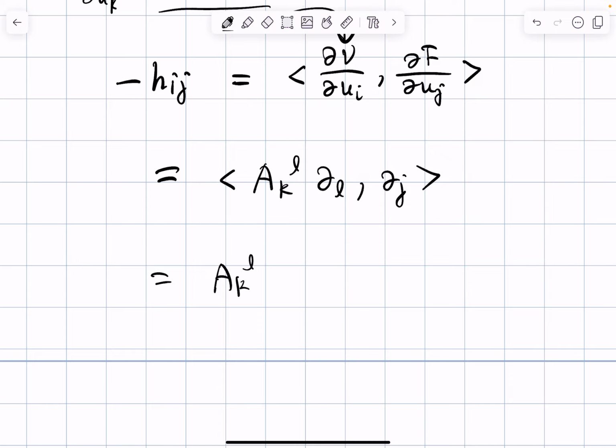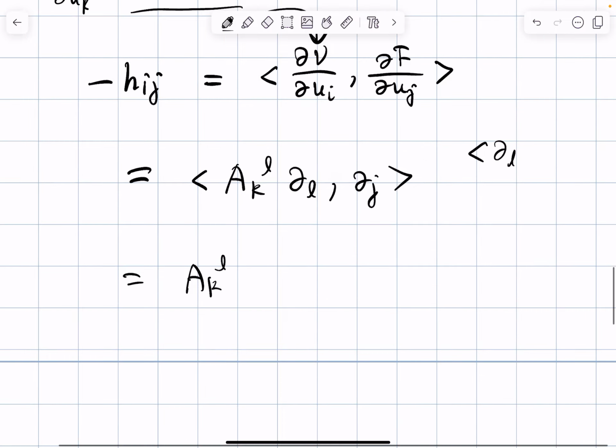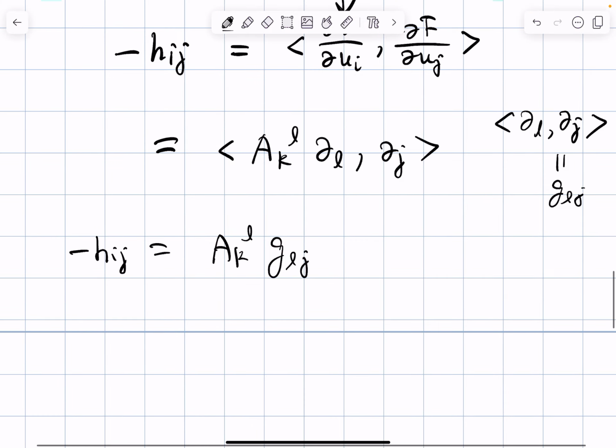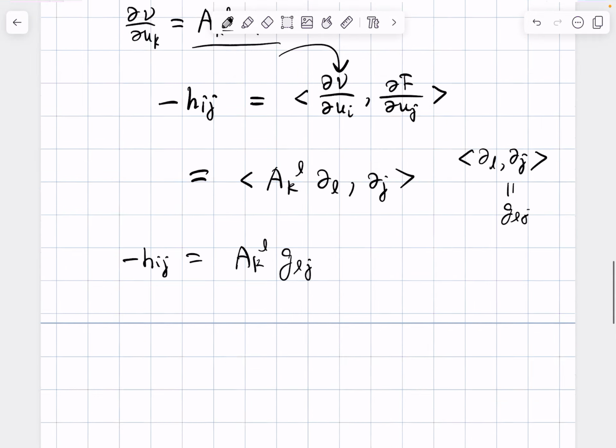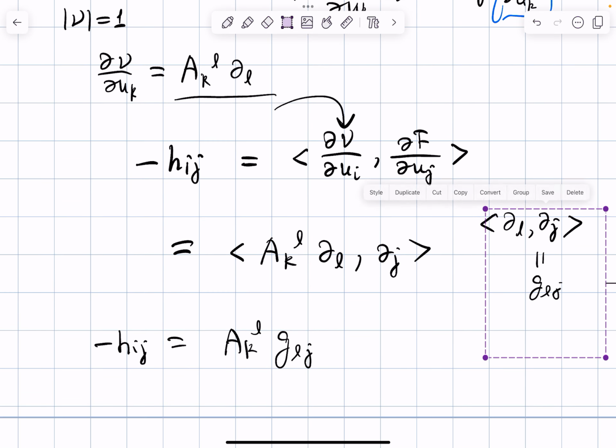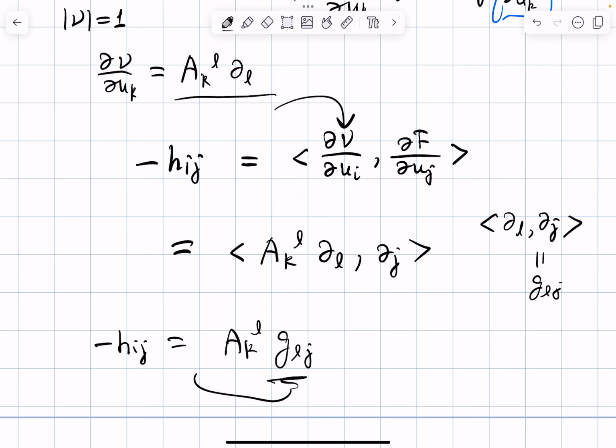And the partial_l partial_j inner product, by definition, is equal to g_lj. So this is equal to minus h_ij. So to calculate a_k^l, we only need to get g_lj to the other side just by multiplying an inverse to it.